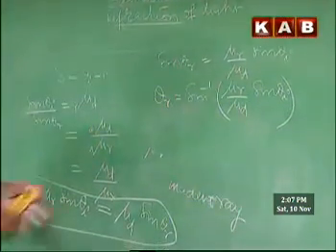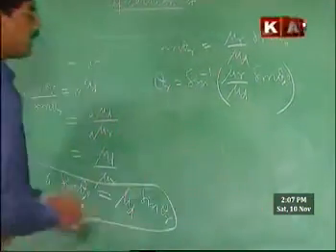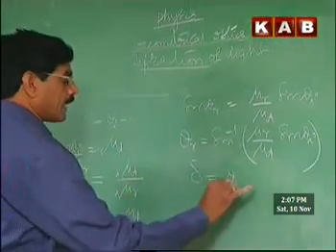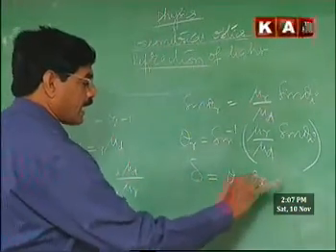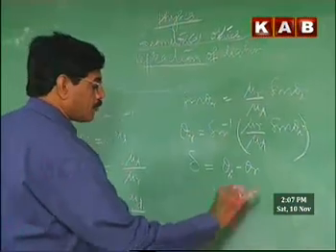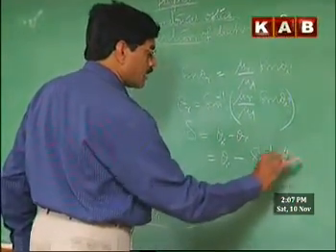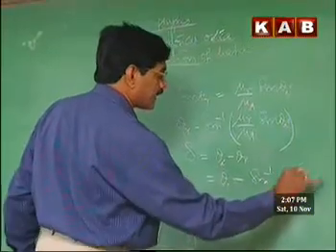So therefore, the deviation produced in this case is theta I minus theta r, that is, theta I minus sine inverse of mu r by mu d sin theta I.